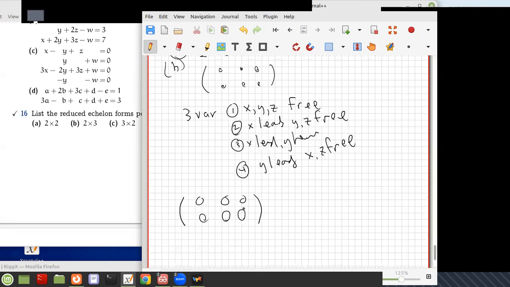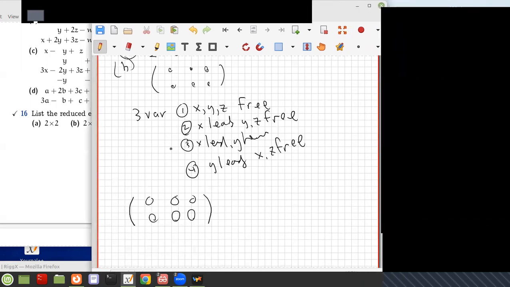It corresponds to your system in the variables X, Y, and Z with two equations, 0 equals 0 and 0 equals 0. So it's sort of a weird trivial equation, right? But it's there. It's one of the reduced echelon form matrices, and it's the only one of that case.